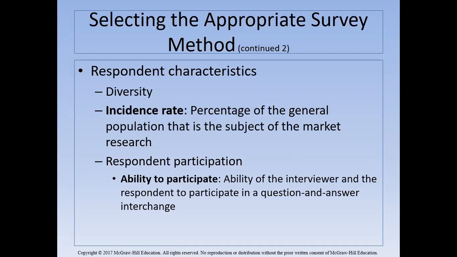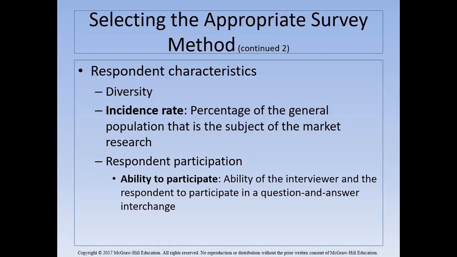Now, the response format also matters: how diverse is it? Are we doing multiple choice, or an open-ended format where they write words? That also affects the respondent's survey. Then there is the incidence rate, the percentage of the general population we're doing the research for.